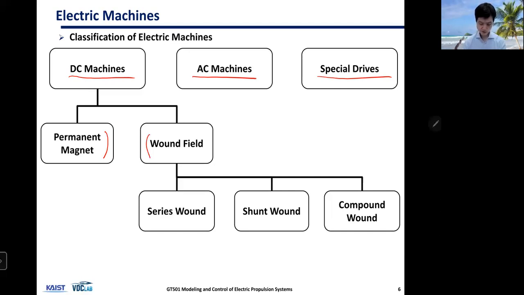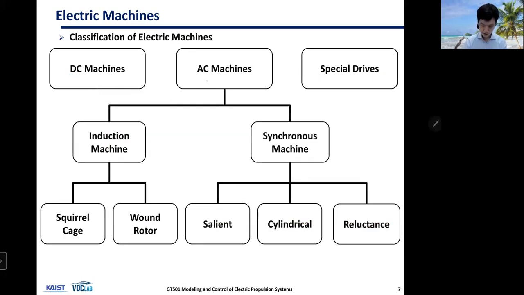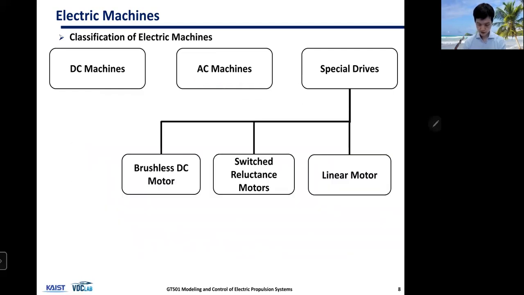Within wound field, there's series wound, shunt wound, and compound wound. For AC machines, there's induction machine and synchronous machine. For induction machine, there's squirrel cage and wound rotor. For synchronous machines, there's salient, cylindrical, and reluctance. For special drives, there's brushless DC motor, switched reluctance motor, and linear motor.